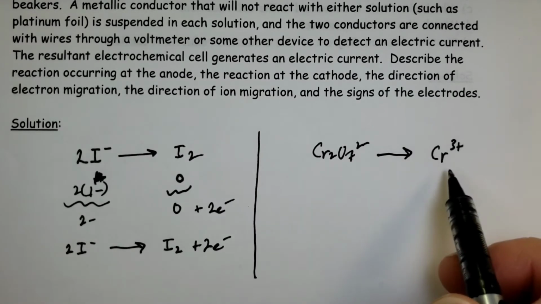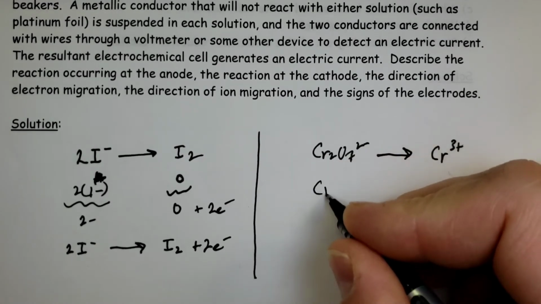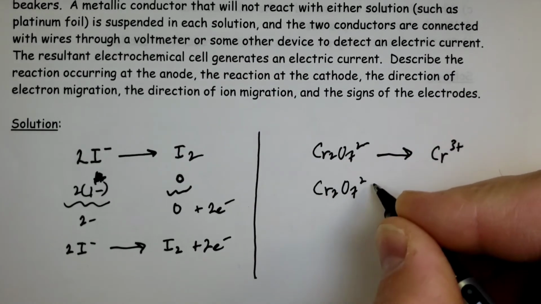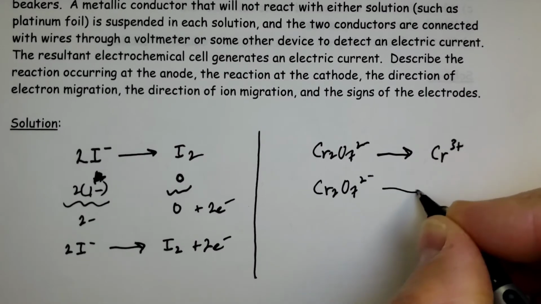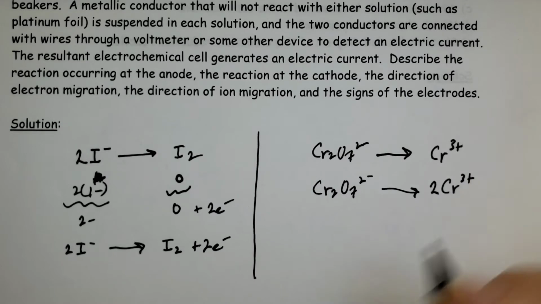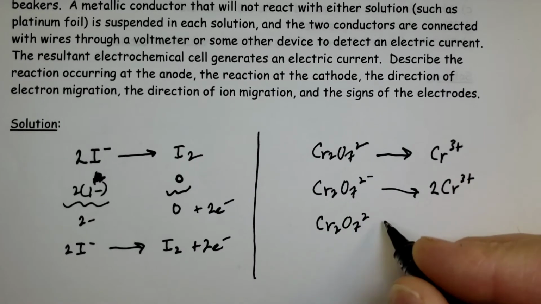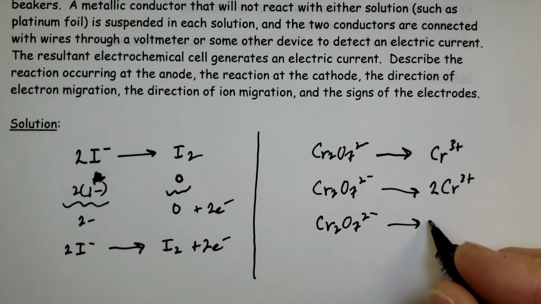Over here, first of all, balance non-hydrogens and non-oxygens. We have 2 chromiums there, so we need 2 chromiums on this side. And then we're oxygen deficient on the right.